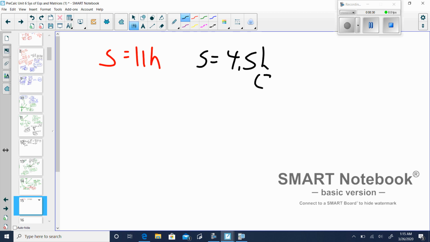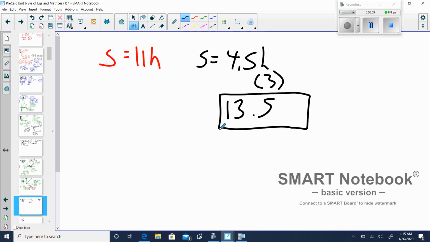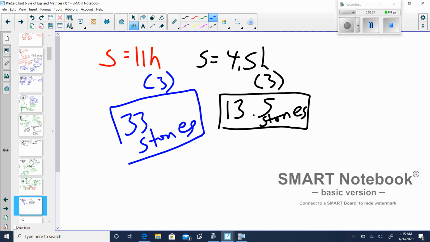Well, 4.5 times 3 is 13.5 stones. Because once again, stones acts as our units. Right here, we have 11 times 3. We get 33 stones. Now, when we go back to compare and see if our answer makes sense, how many more?